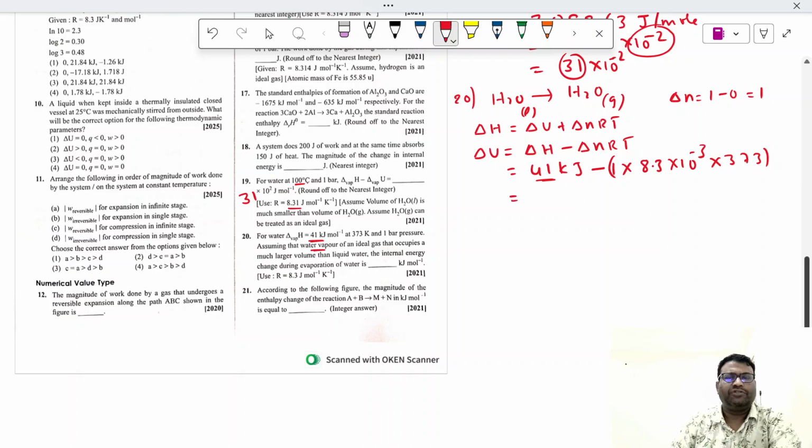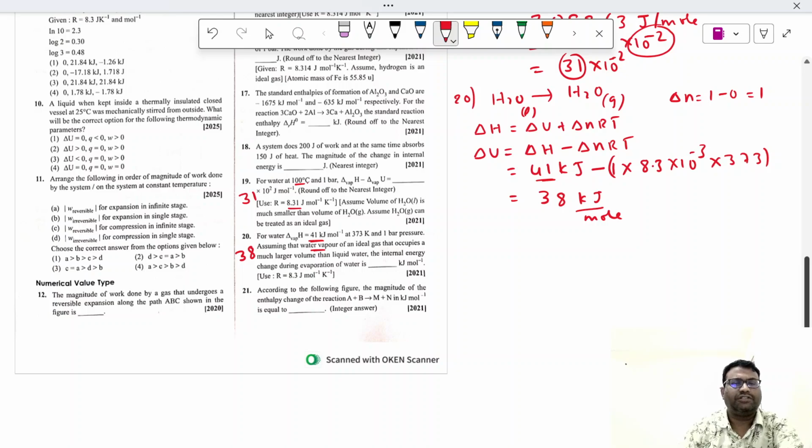Okay, so then what do you get? 41 minus something gives you here 38 kilojoule per mole, right? So the answer will be 38.